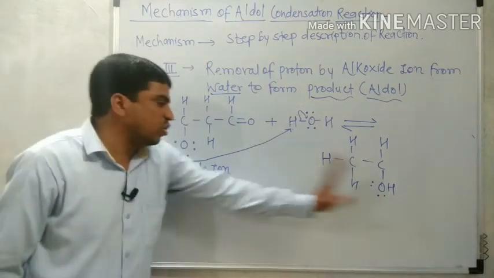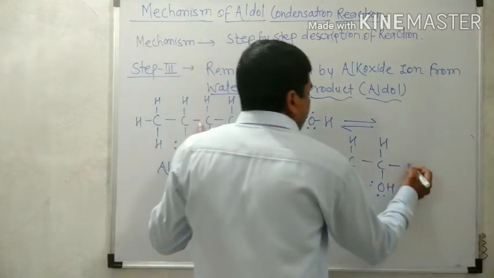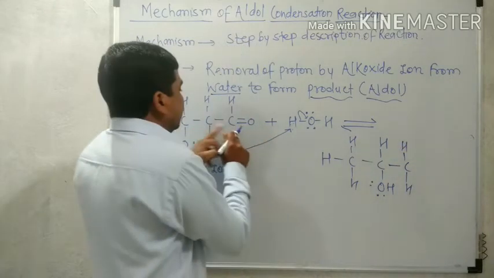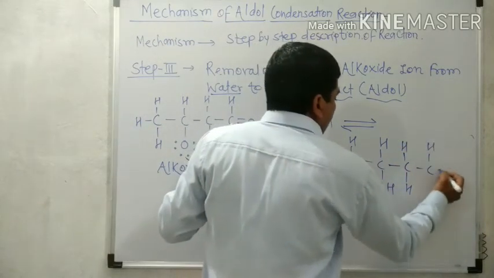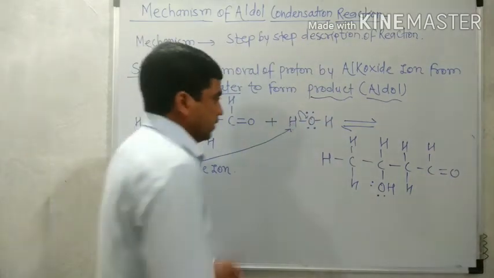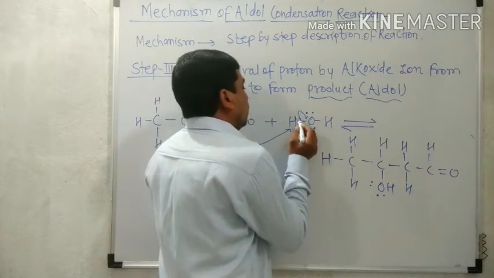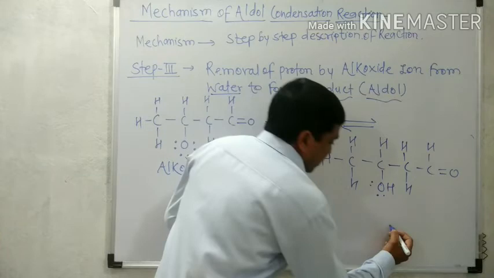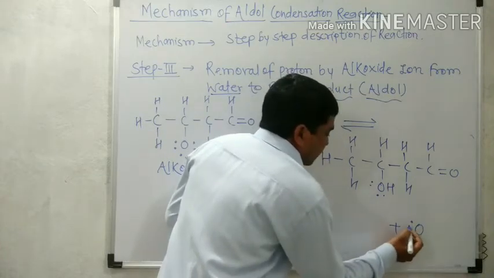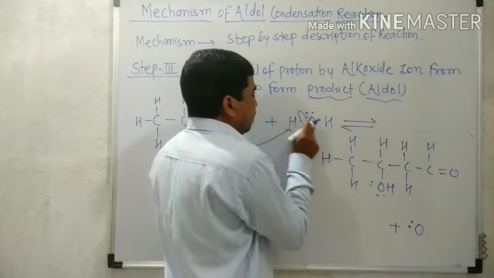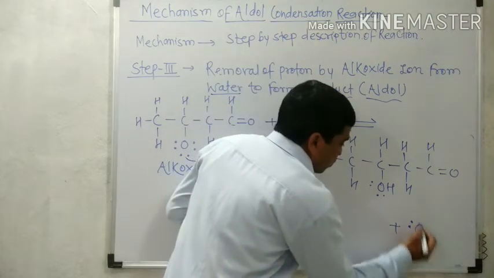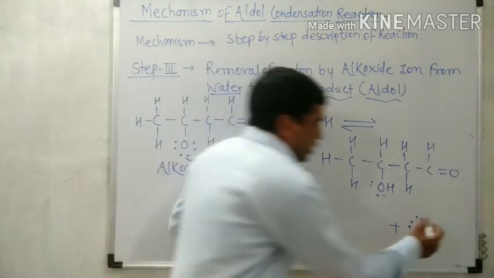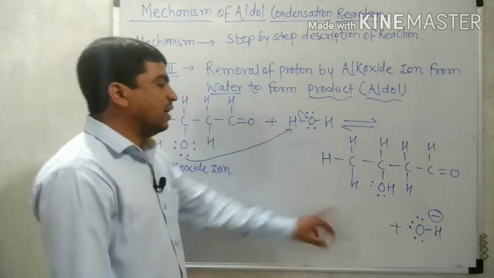The remaining structure is the same, that is CH2CHO. Due to shifting of the electron pair in the hydrogen-oxygen bond, that oxygen gains a third electron pair: two already and one from the breaking of the bond. So one, two and three pairs of electrons are present on oxygen. Therefore, hydroxide ion is formed again.